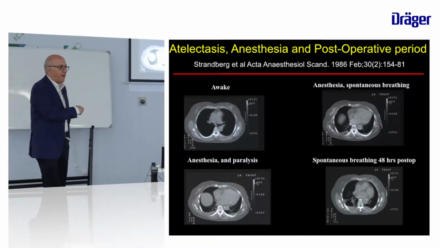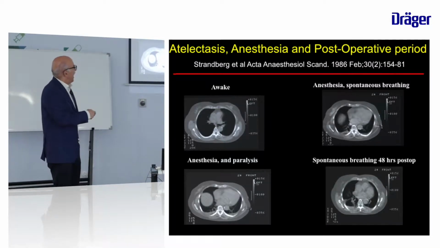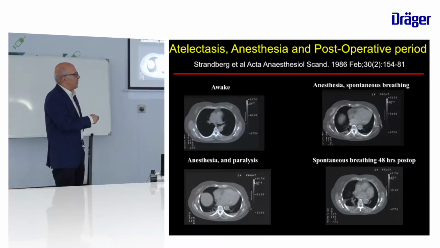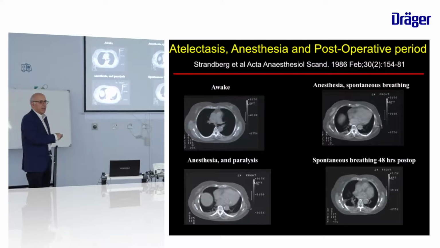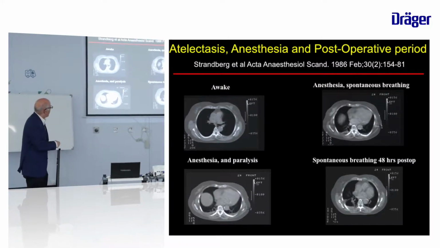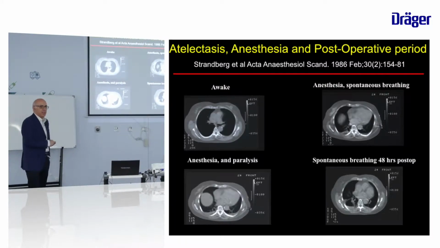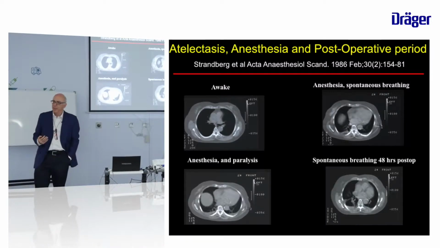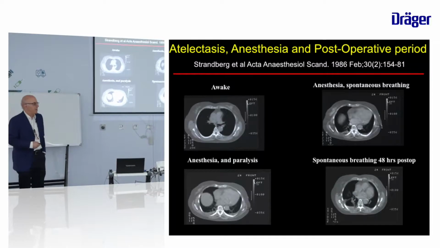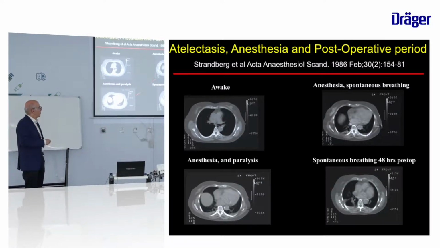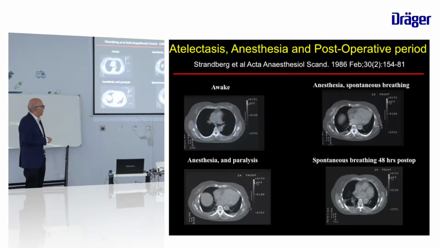This is a CT scan of an awake patient. And during anesthesia, you see the cranial shift of the diaphragm with a minor atelectasis in the most dependent part of the lung. And when you induce paralysis, you have no major changes. So the first concept here is that deep sedation and relaxation of the respiratory muscles is one of the main causes of atelectasis formation.